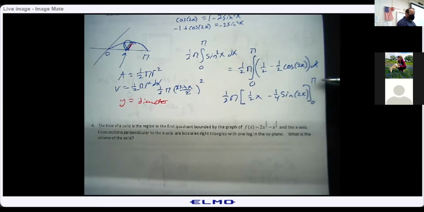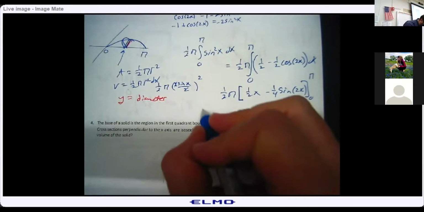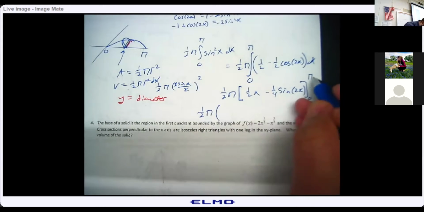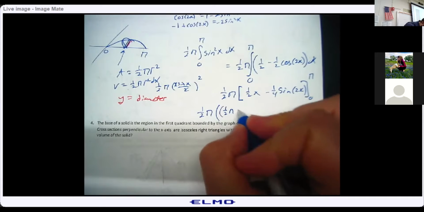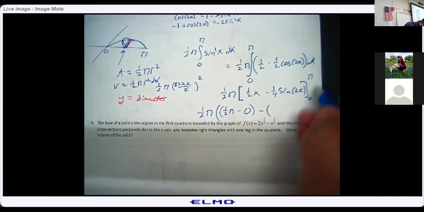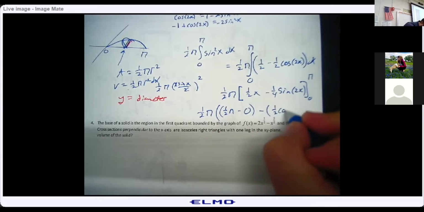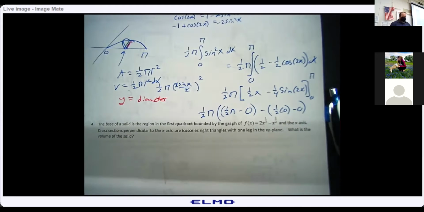So as it turns out, when you plug in the upper bound, this part disappears. When you plug in the lower bound, this part disappears. So really we have this 1/2 pi, and we're going to plug in pi here. And then, I guess I'll write it, minus 0, and then we plug in 0 here, and we get half of 0 minus 0. Gee, most everything is gone.